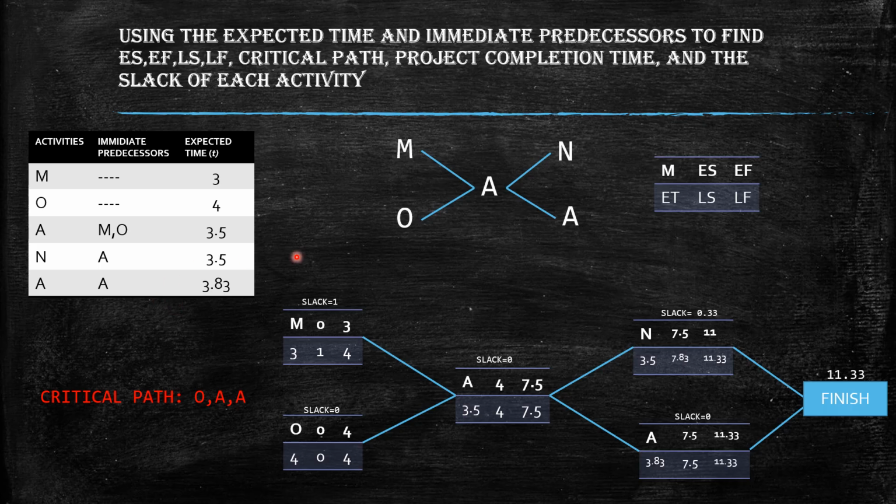And since M and O don't have immediate predecessors, both of them are going to be the starting point. And since activity A had M and O as immediate predecessors, these two arrows are going to point at activity A. And since both N and A had the immediate predecessor of A, these both lines are going to go to each of them.